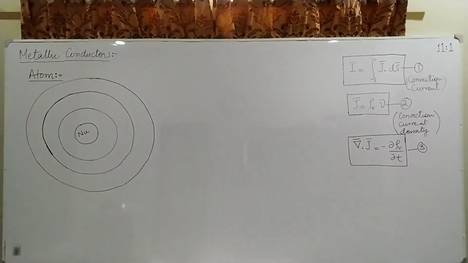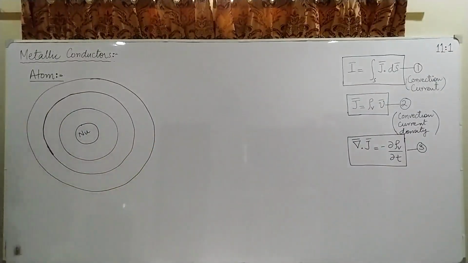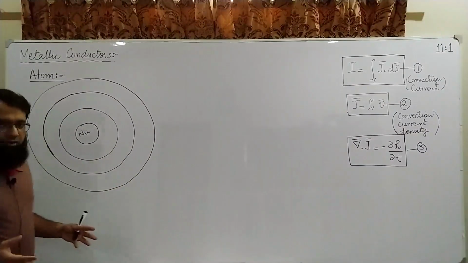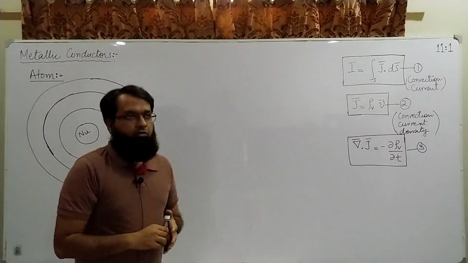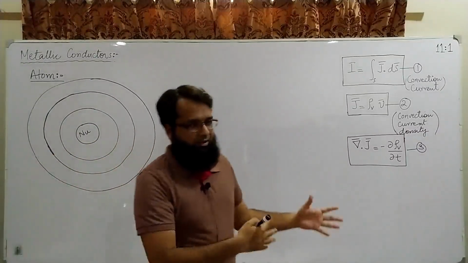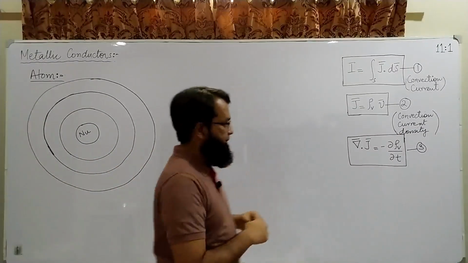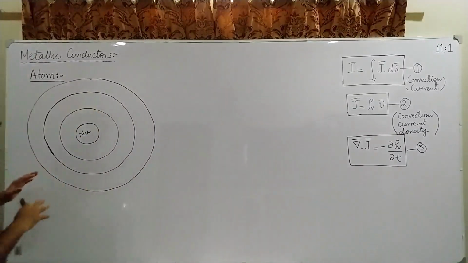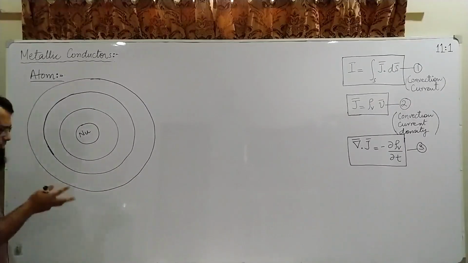Let's discuss metallic conductors after discussing the current and current density. Definitely, the material in which current or convection current flows is known as conductors. So before analyzing electrical properties of different materials, let me give you some background which you are already aware of.